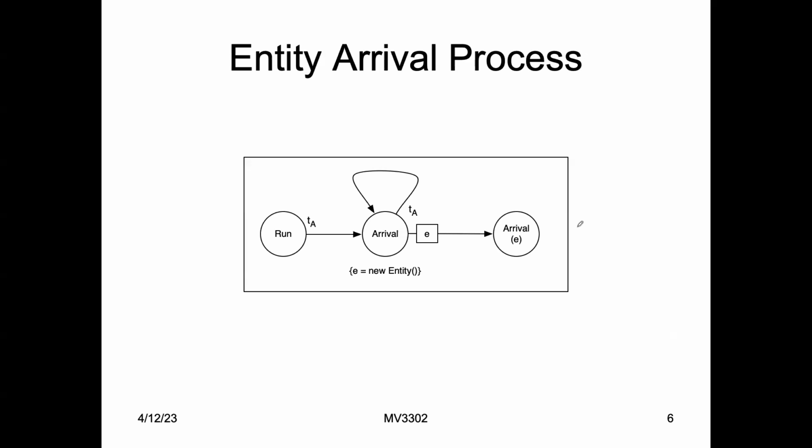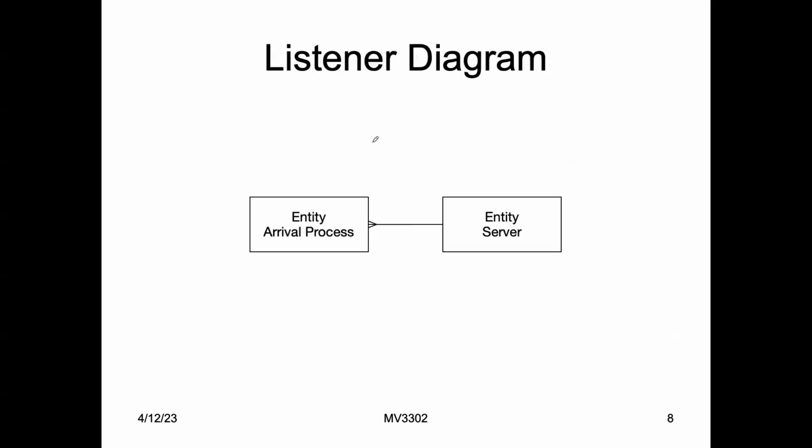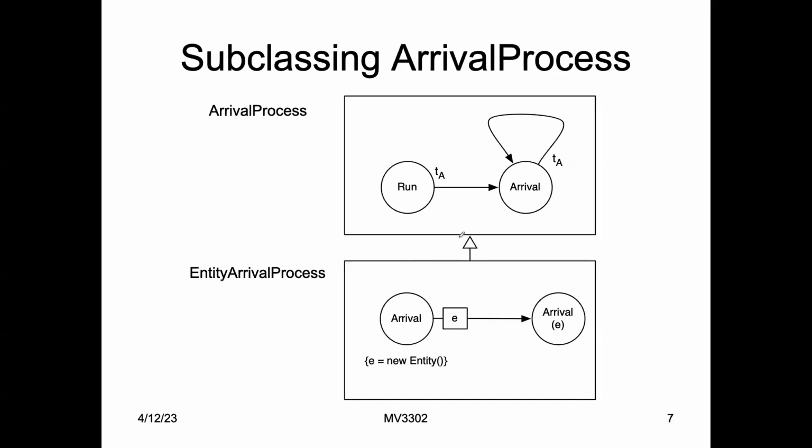I've implemented it both ways, but I've come to be more and more lazy as time goes on. So the way to do this is that we have our arrival process, and we can create a sub-event graph. I'll call it the entity arrival process.